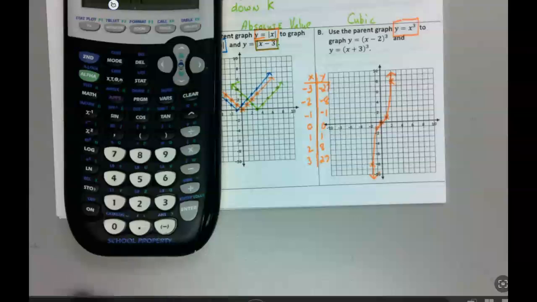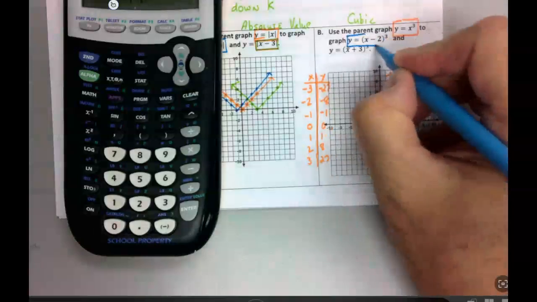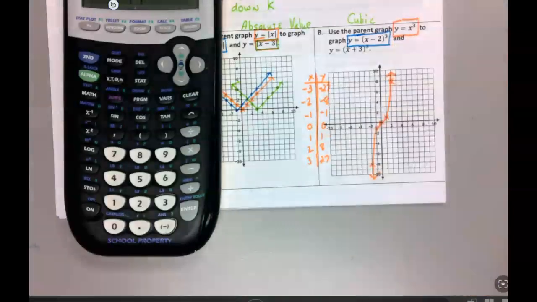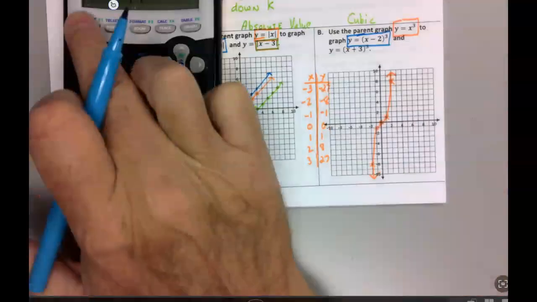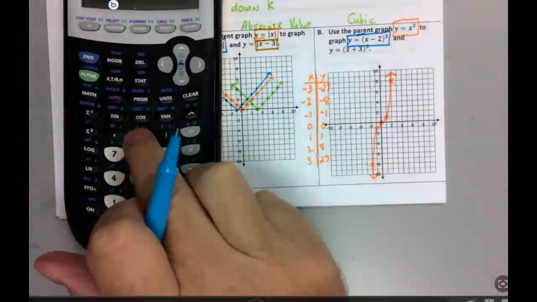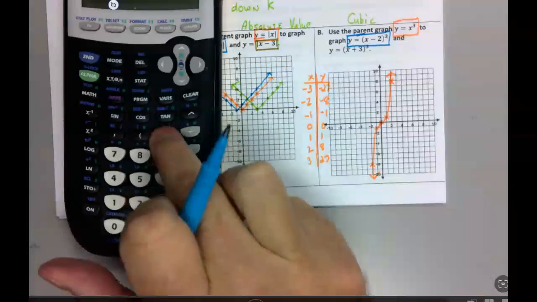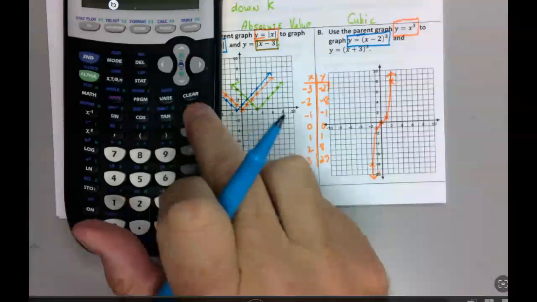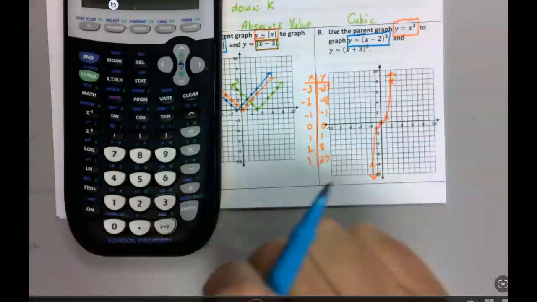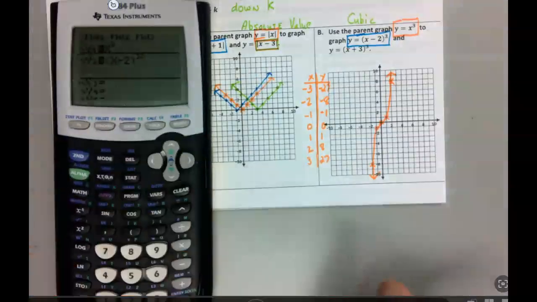Now, the next one is x minus 2. So I'm thinking it's going to be shifted right 2 because it's an imposter, right? So go to y equals, arrow down, parentheses, correct? Then x minus 2, close parentheses, to the power of 3. Can everybody get that right there?